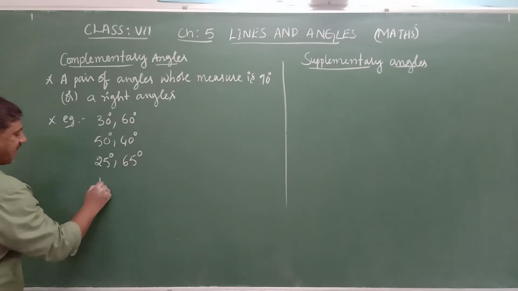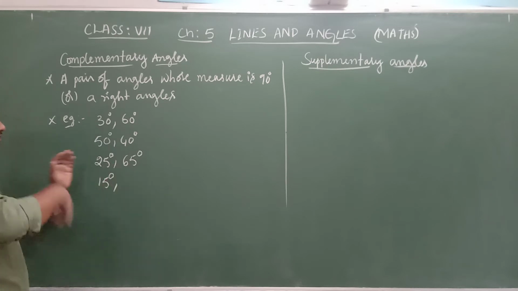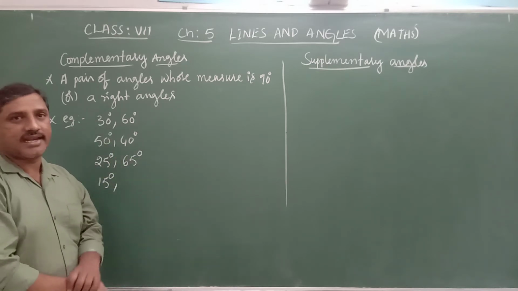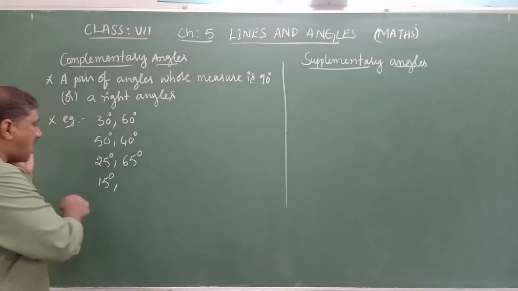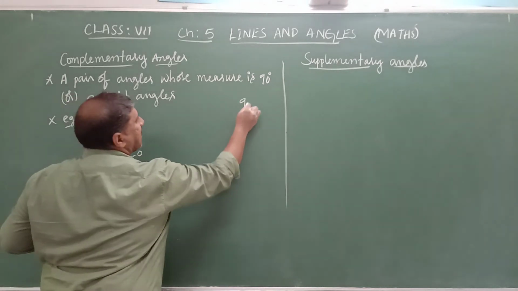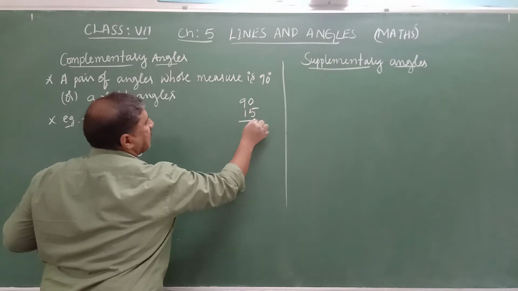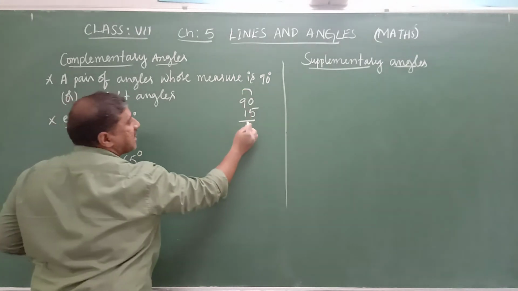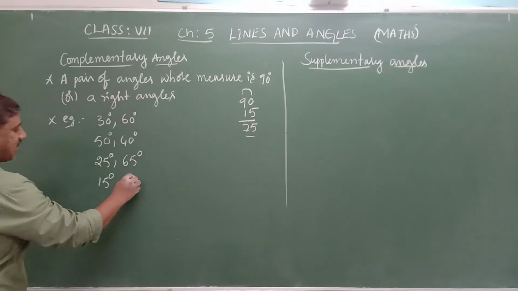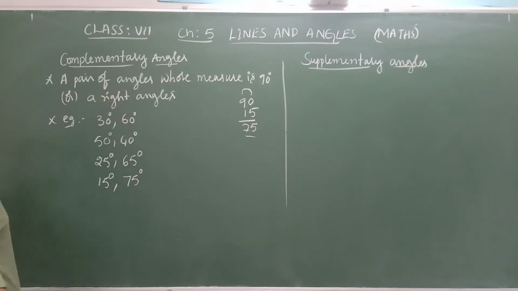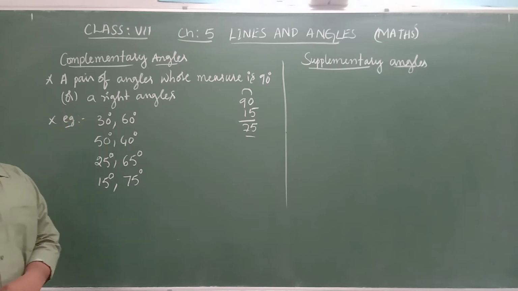If 15 degrees is one angle, what will be the other complementary angle? Their sum should be equal to 90 degrees, so we find the other angle by subtracting from 90. 90 minus 15, borrowing, 10 minus 5, 8 minus 1, is 75 degrees. So these are some examples of complementary angles.